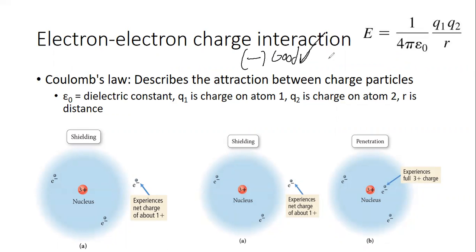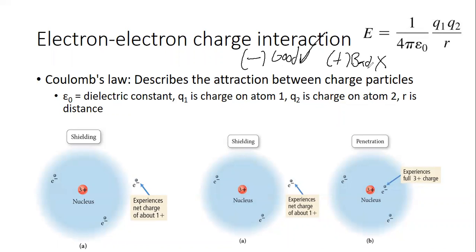That's supposed to be a check mark. Positive energy is usually a bad thing. Maybe the way you can keep that in mind is if you turn a positive on its side, it looks like an X. An X is bad. So negative energy is good. Positive energy is bad. Negative energies come towards each other. Positive energies repel each other.